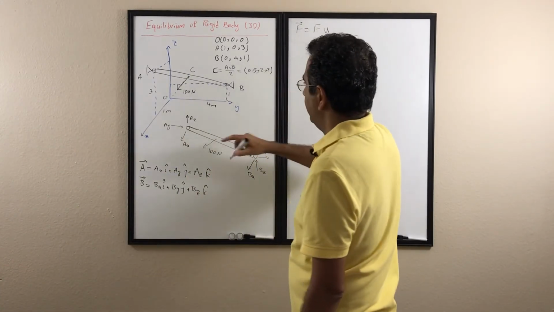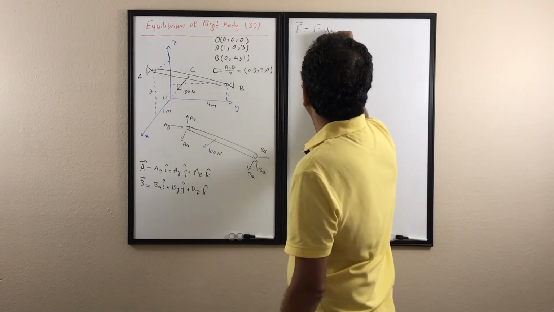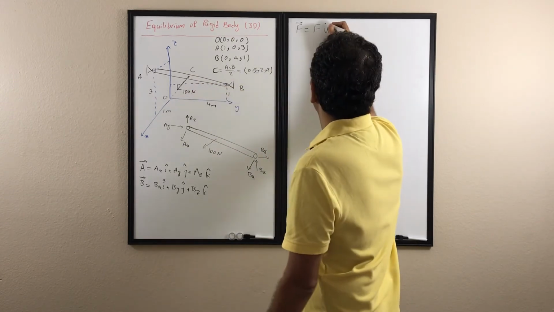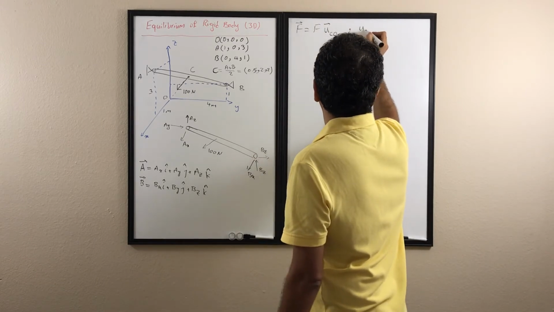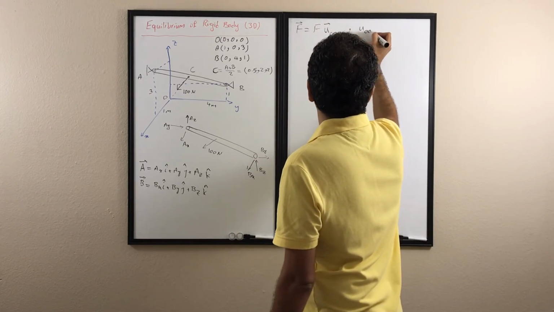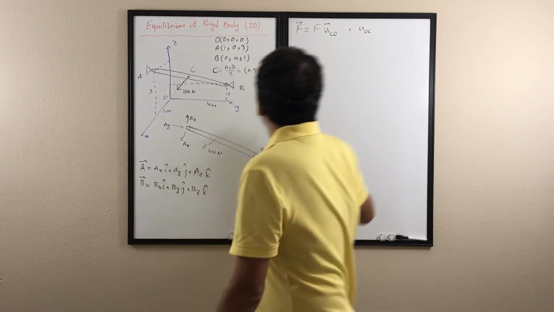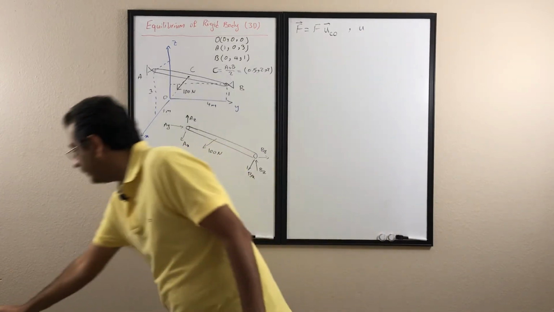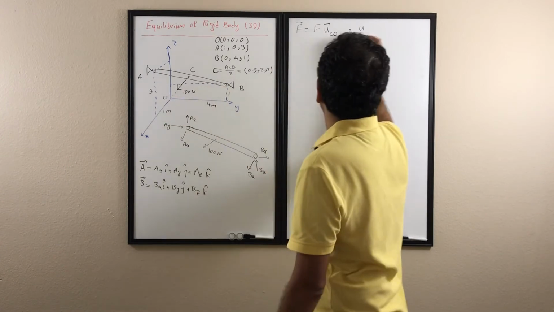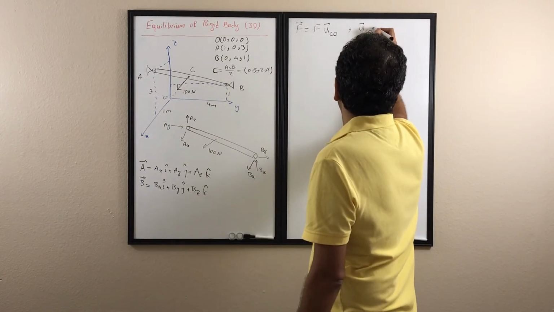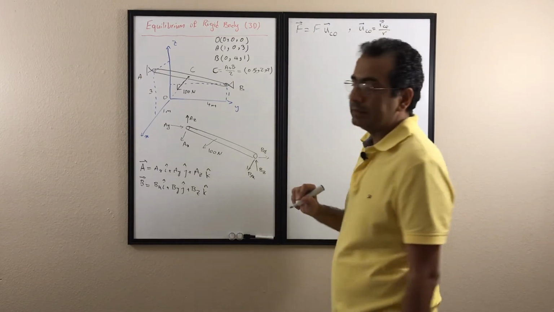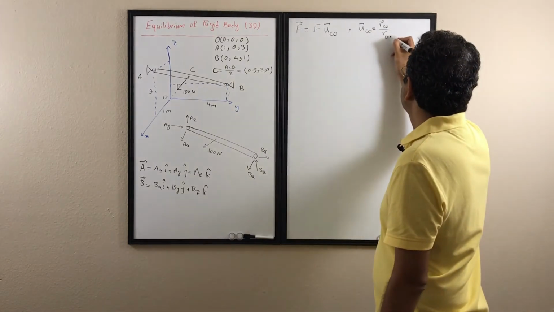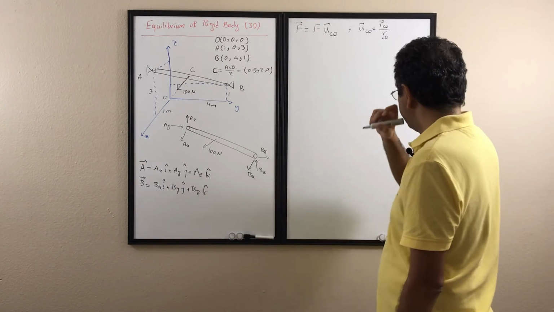So the force, let's say, is going from C to O. Because it goes from C to O, the unit vector of CO is the position vector that goes from C to O divided by the magnitude of that position vector.